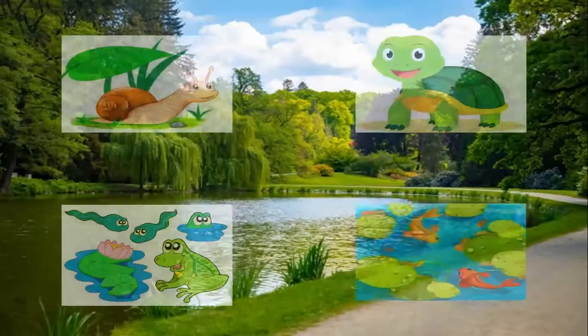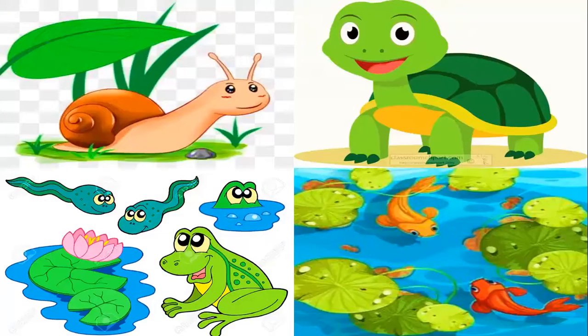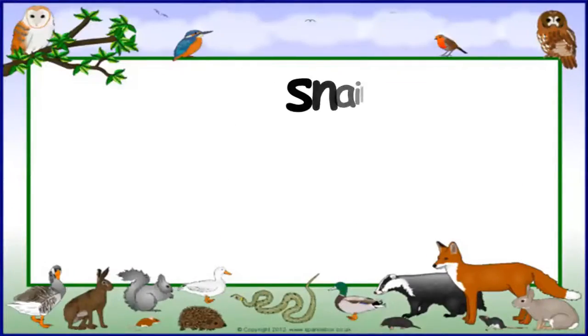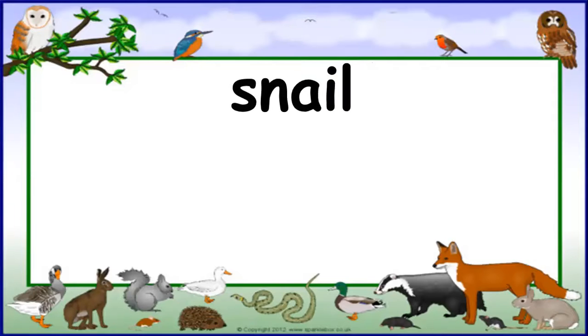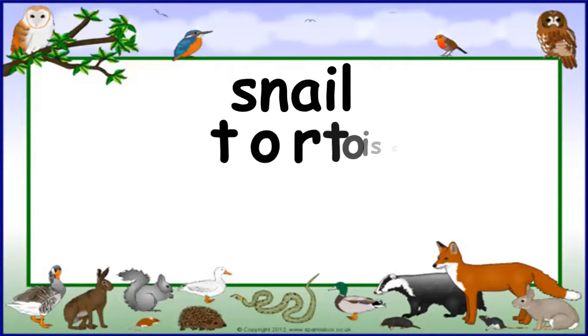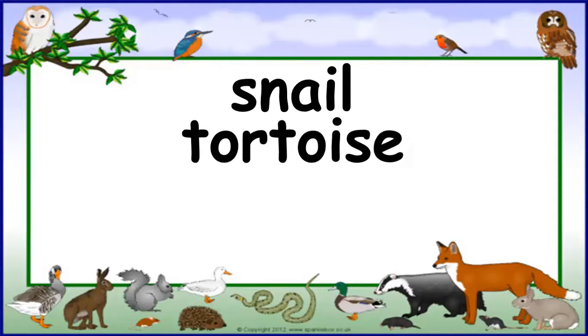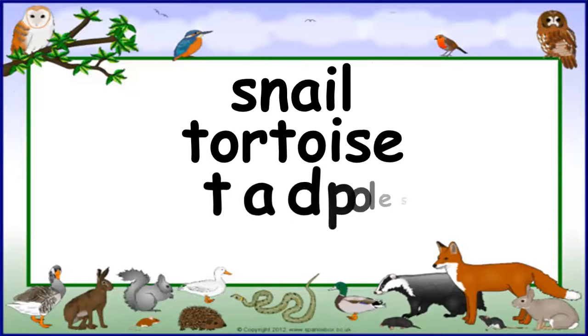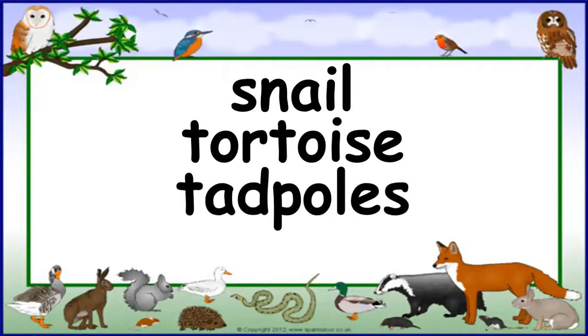So these are examples of animals who can live in the pond. We have the snail, tortoise, tadpoles, and the fish.